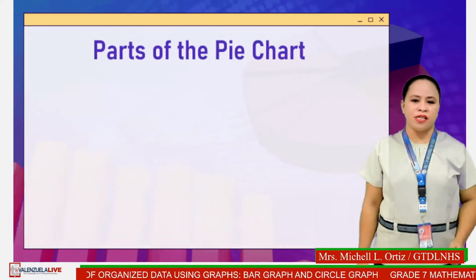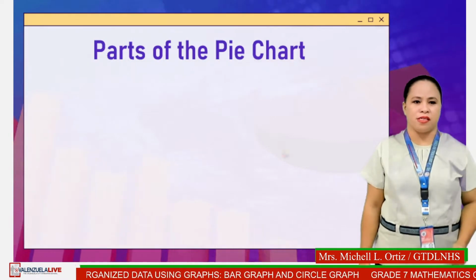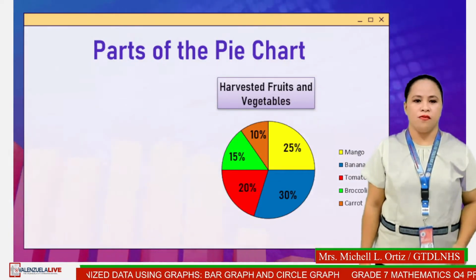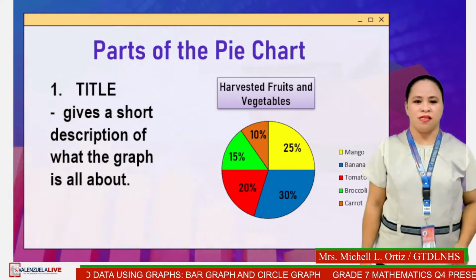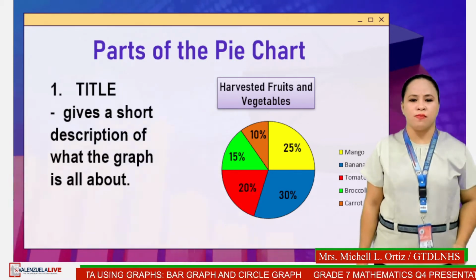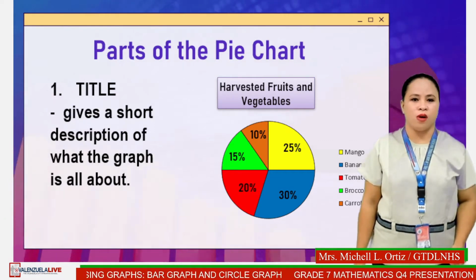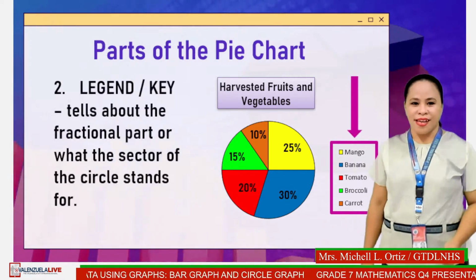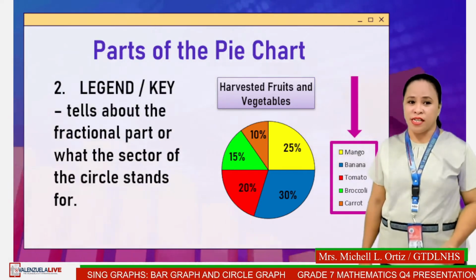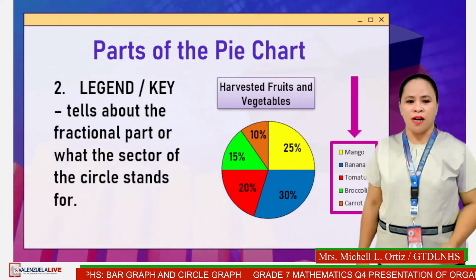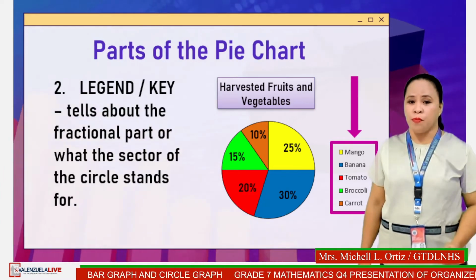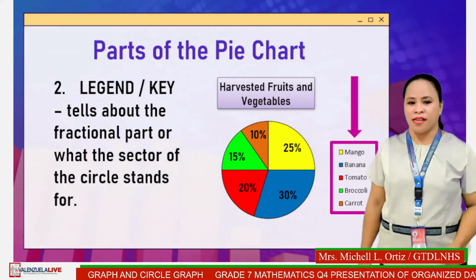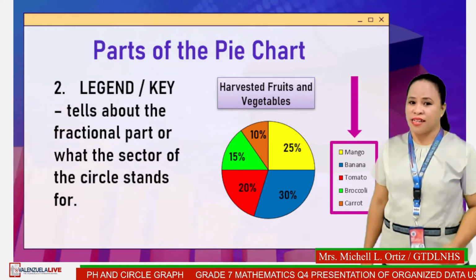Pie chart or circle graph has different parts. First, the title. It gives a short description of what the graph is all about. Next is the legend, or the key, the part of the graph which tells about the fractional part, or what the sector of the circle stands for.